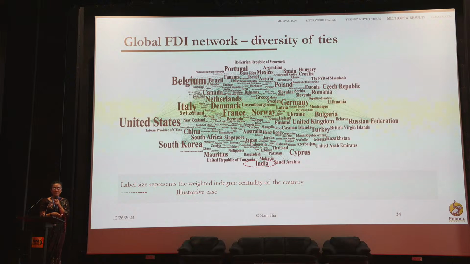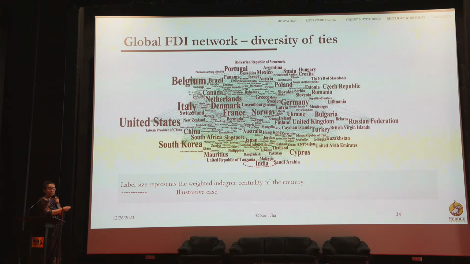The second measure in the paper is quality of ties, and that is measured through eigenvector centrality. What it does is weigh the investments received from a country like the United States, which is really huge here, higher than investments from, say, Bulgaria, which is comparatively smaller than the United States.